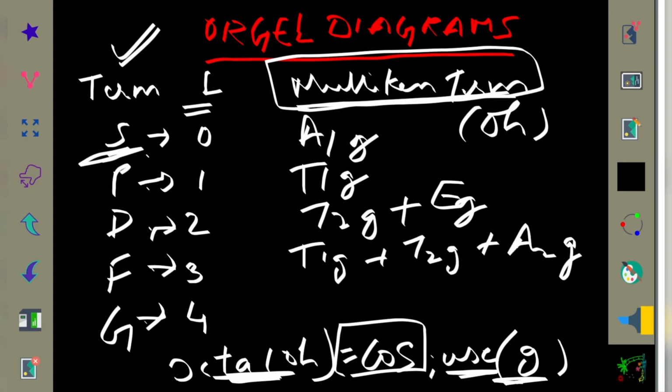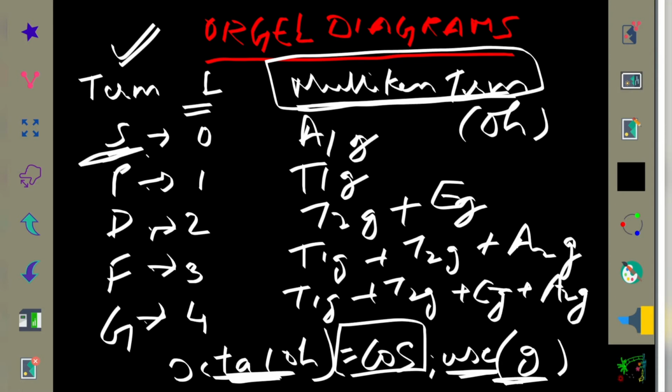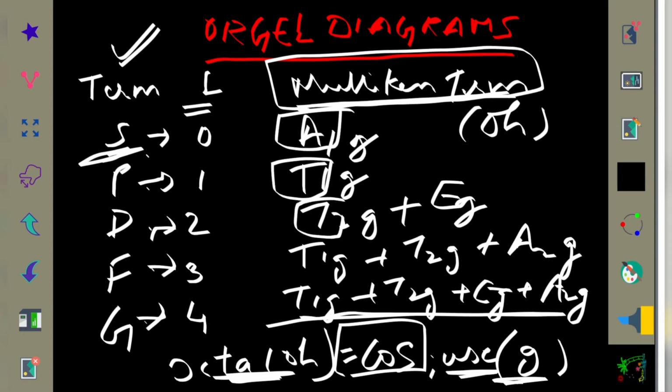And for the G state, it is T1g plus T2g plus Eg plus A2g. So these are the various molecular term symbols for the octahedral field. If you have a tetrahedral field, just write A1, T1, T2, E. So we have to remove the center of symmetry factor.